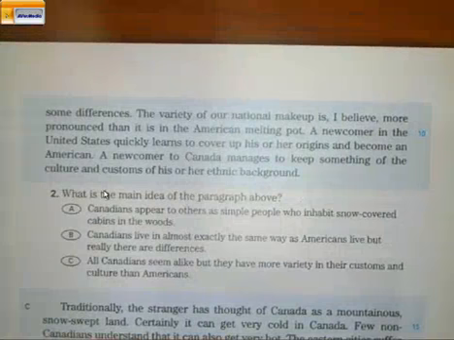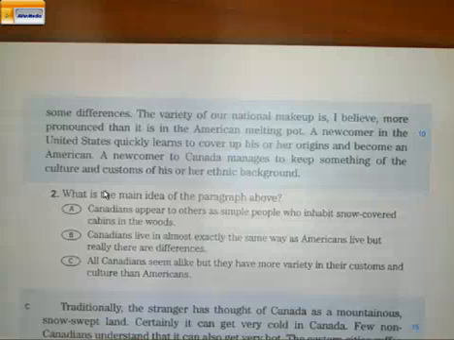The variety of our national makeup is, I believe, more pronounced than it is in the American melting pot. A newcomer in the United States quickly learns to cover up his or her origins and become an American. A newcomer to Canada manages to keep something of the culture and customs of his or her ethnic background.